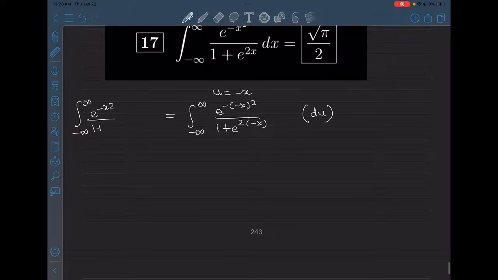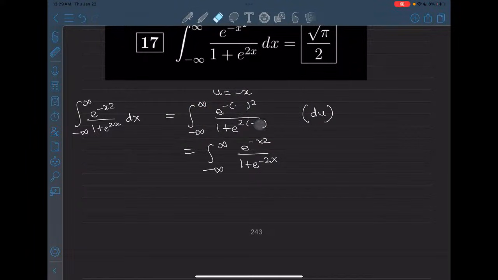Okay, and this is also King's rule. The reason is, I will explain in a minute. So this is e to the power minus x squared by 1 plus e to the power minus 2x. Oh, this should have been minus u.